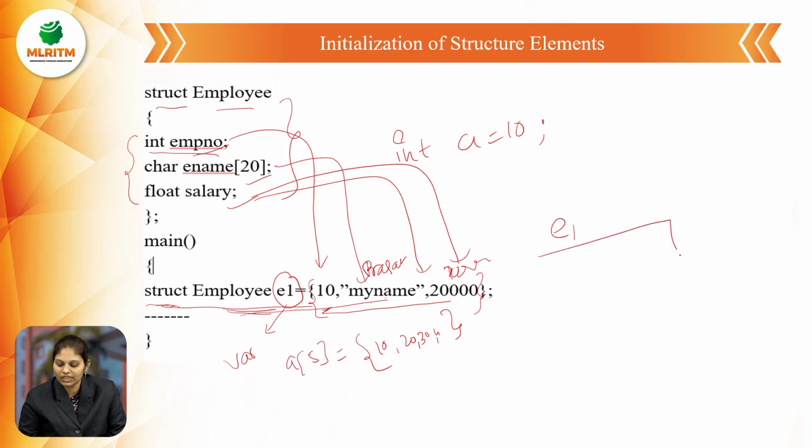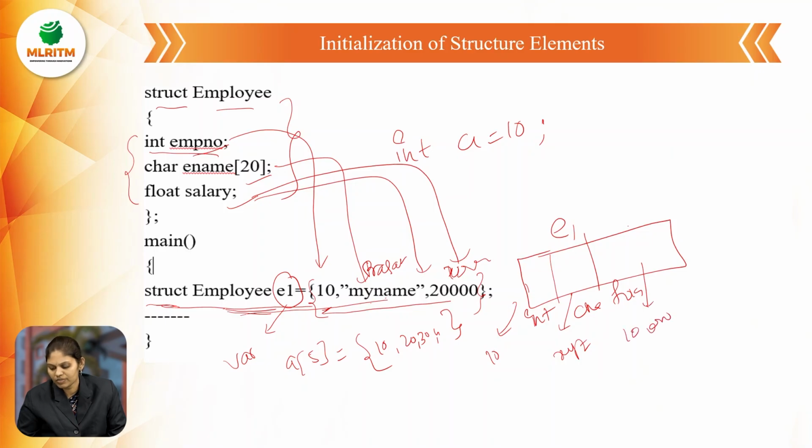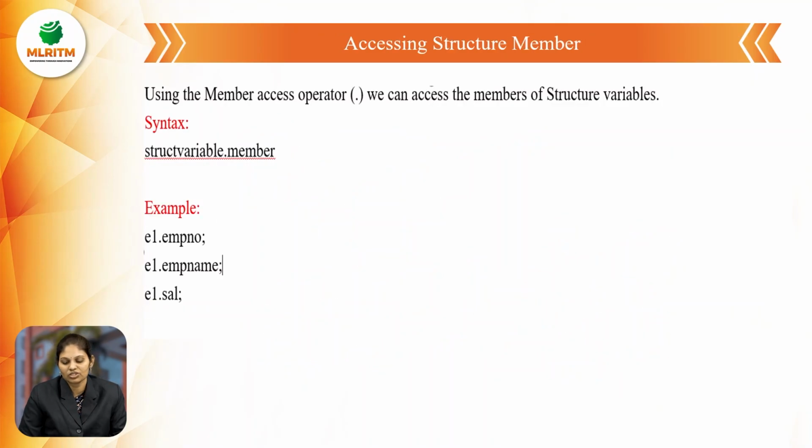In memory it is created as integer, character and float. The integer holds 10, then the name, and the salary is 10,000 or so, and it is stored like this. In total, 26 bytes of memory are stored.